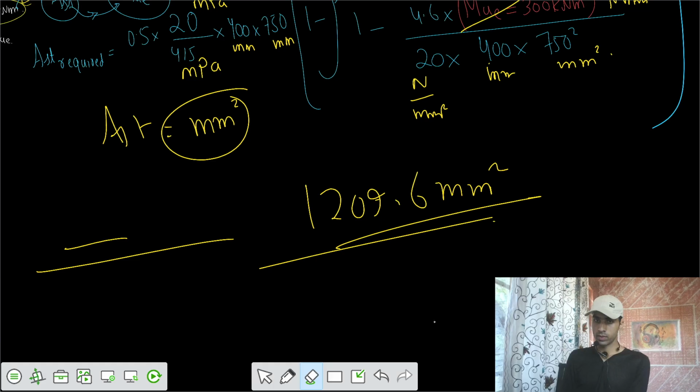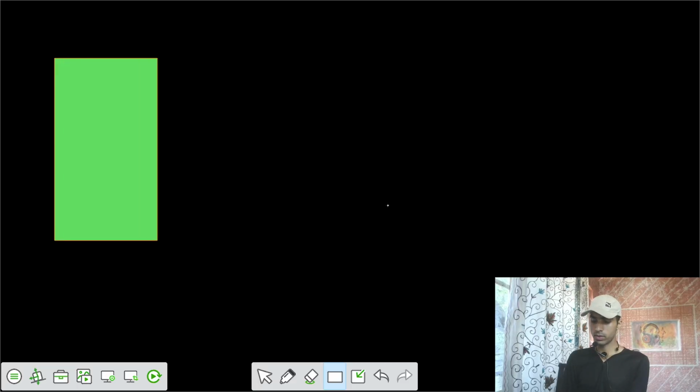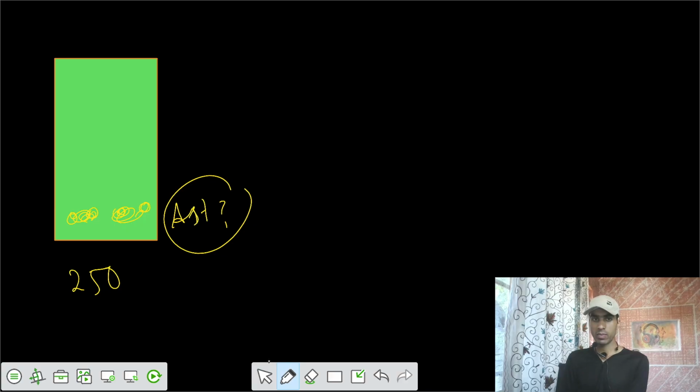Okay. Let's take that fourth problem. We have B equals 250, and we have some steel provided, and we need to get that AST. We need to get the value of AST for tensile reinforcement, that is the steel area in the tension zone, for resisting the applied factored moment.